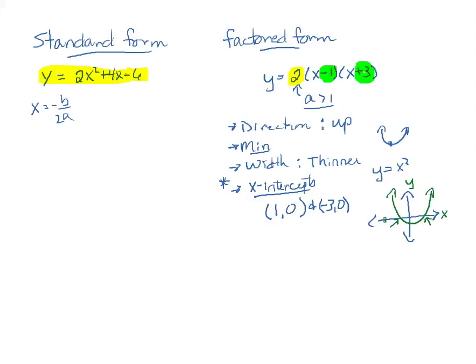And we know there's a minimum. We can have an idea now that the graph will come down, cut through one point here, let's say at negative 3, and rise back up and cut through at 1. We need to find the location of our vertex. In order to get our vertex, we first need the axis of symmetry.